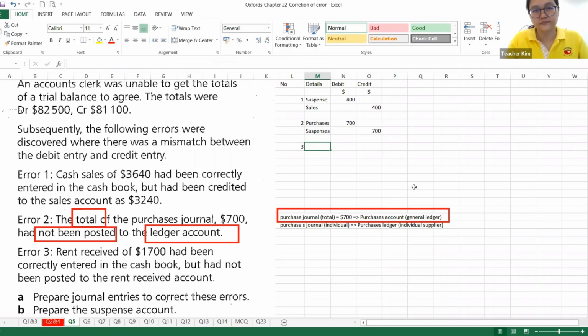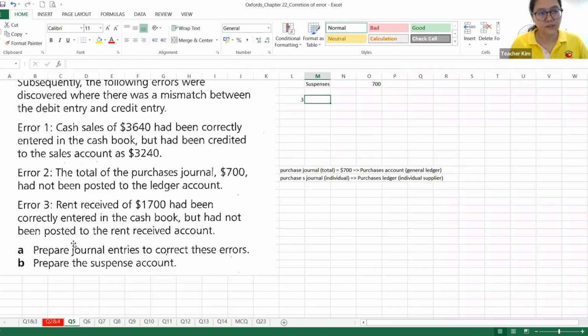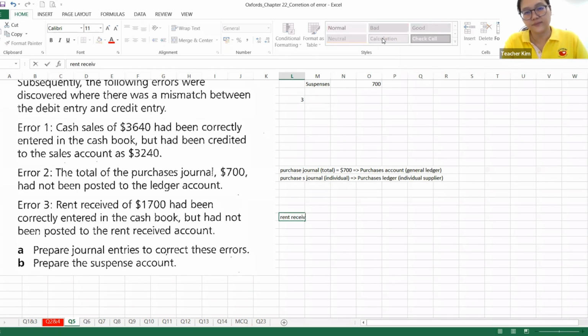Question 3. Rent received of 1,700 has been correctly entered in the cash book, but has not been posted to the rent received account. So in this case, what can we do? We have to adjust it. They say rent received was correctly entered in the cash book, which means the bank account or cash account has no problem, but it has not been posted to rent received. First of all, think about rent received.